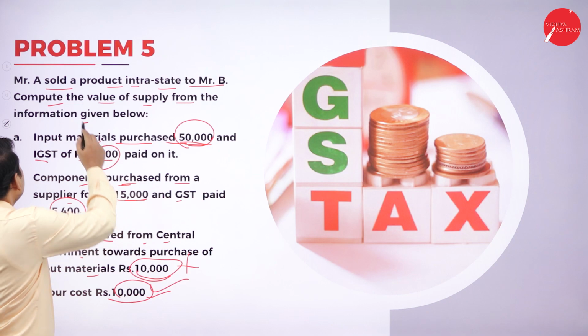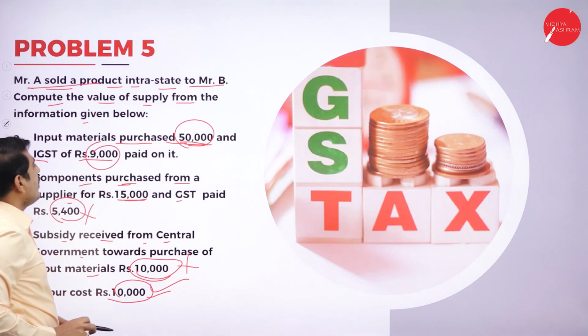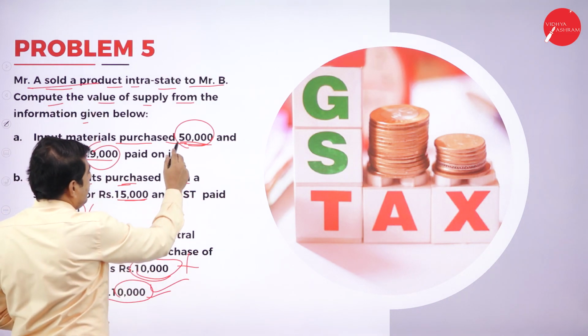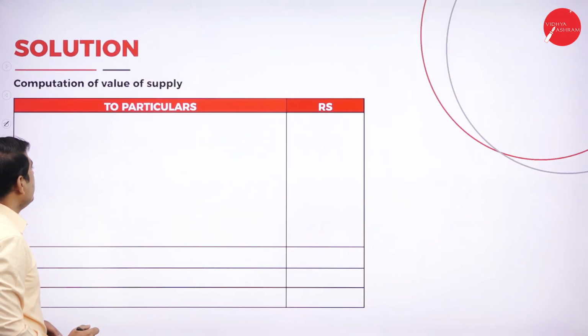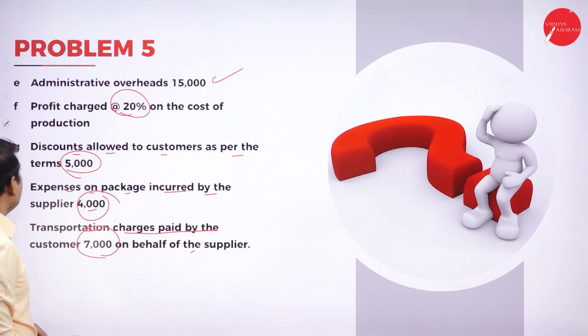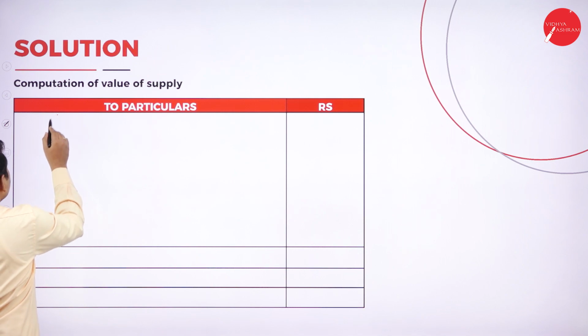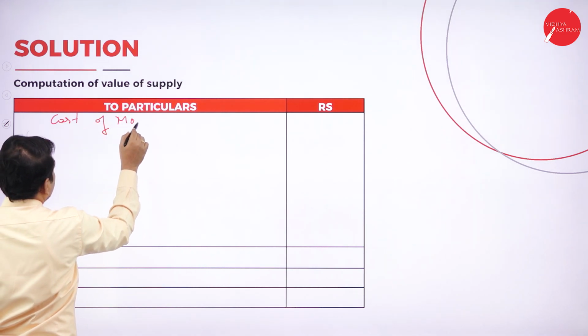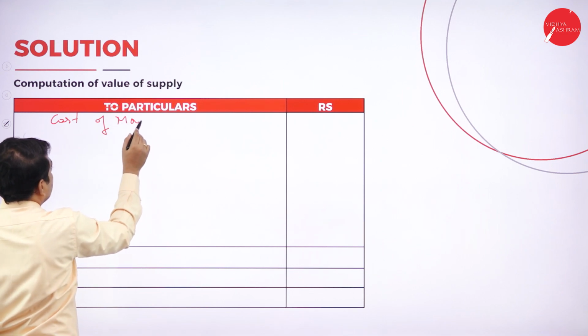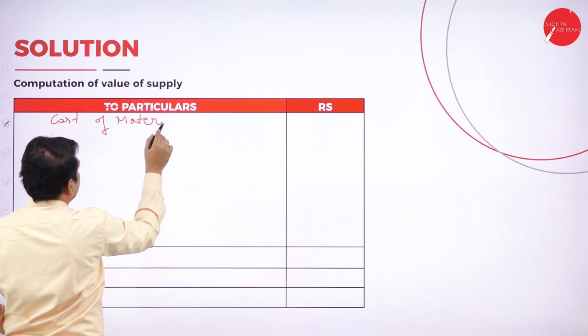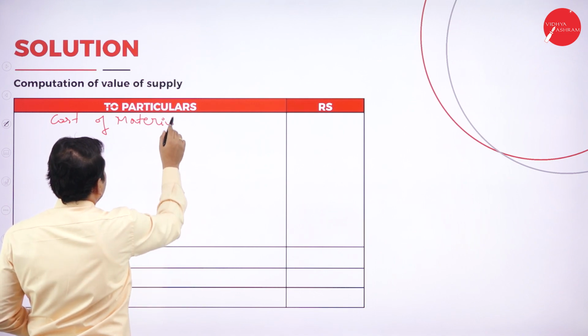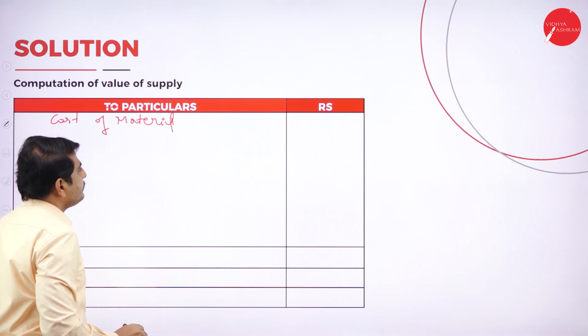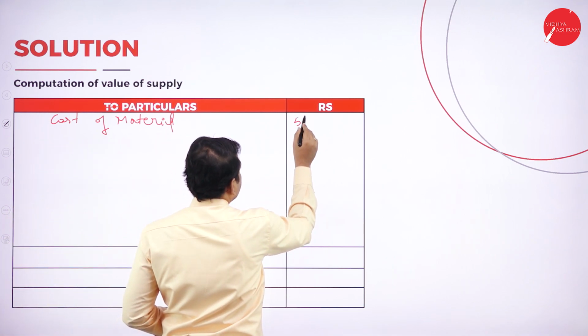Now what is the actual cost of the raw materials? 50,000. So first take total cost of material. Material is 50,000.